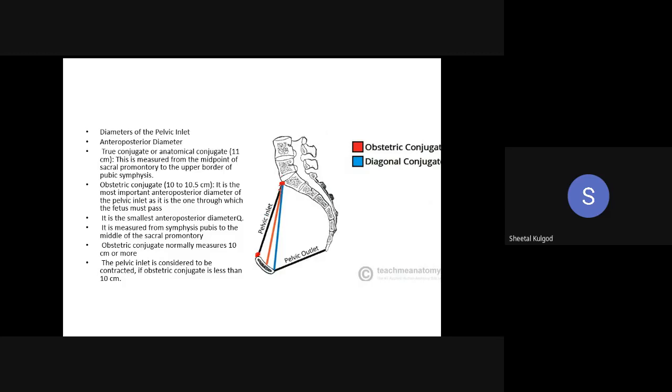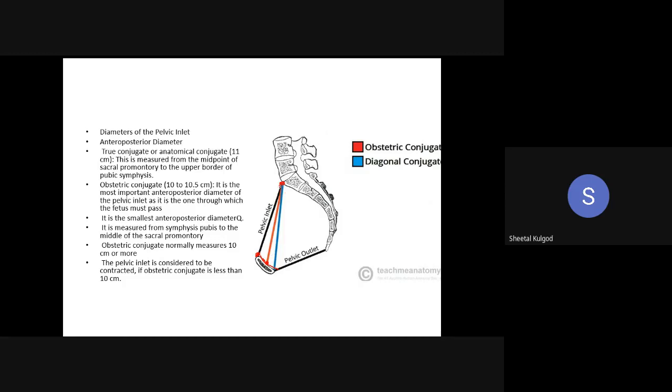Whereas the obstetric conjugate extends from the midpoint of the sacral promontory again to the most posterior point on the inner surface of the pubic symphysis. This is the obstetric conjugate, and that measures about 10 to 10.5 centimeters.